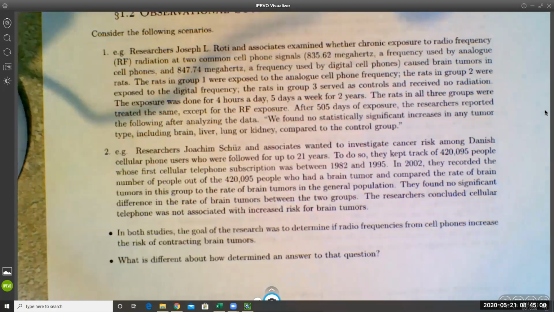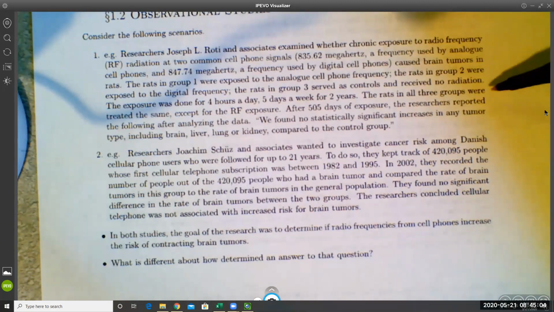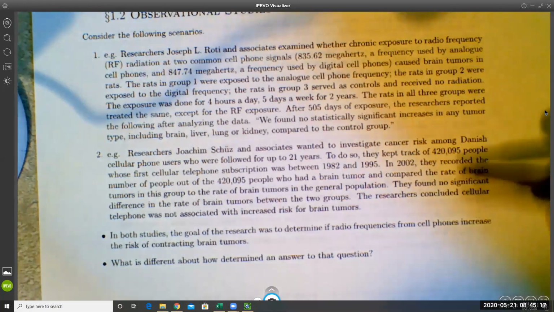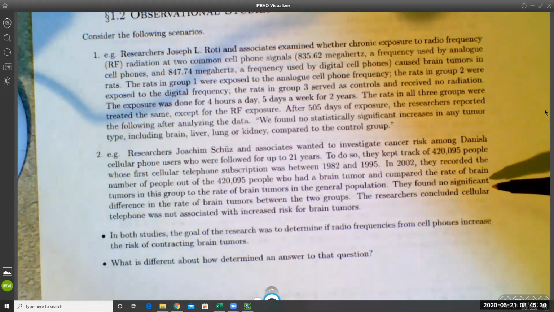Well, in the first scenario, the researchers exposed rats to different radio frequencies to see if the rats would develop some kind of tumor. Whereas in the second scenario, the researchers didn't actually expose anyone to any radio frequencies. They just followed around a bunch of people who were exposing themselves to radio frequencies, I guess you could say.